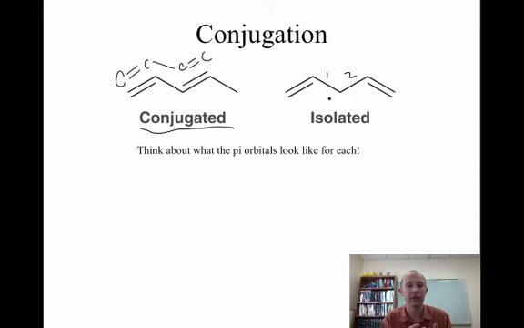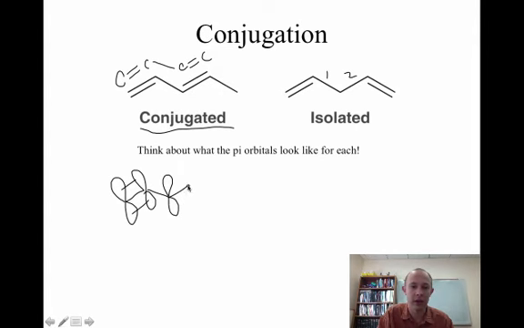But the real definition of conjugation, the way that you want to think about conjugation, is thinking about this in terms of molecular orbital theory and thinking about this in terms of what the pi bonds look like, right? Remember, anytime that you have a pi bond, you have two p orbitals that are next to each other, right? But then you have another set of p orbitals here that are next to each other.